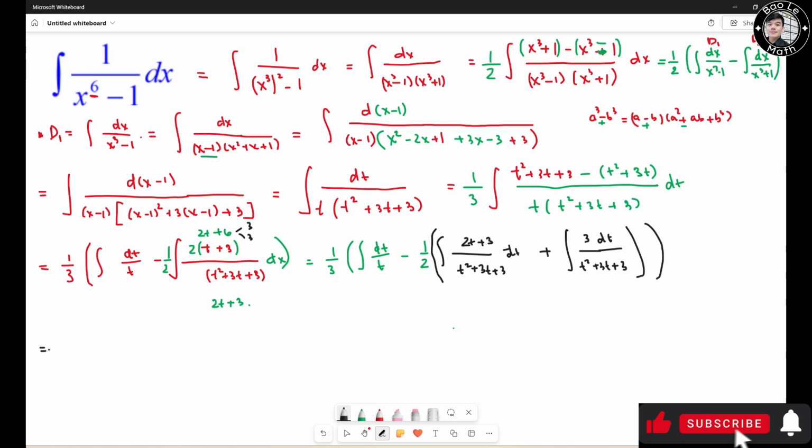Alright, so this turns out to be 1/3 of the integral of dt over t minus 1/2 the integral of 2t plus 3 over t squared plus 3t plus 3 dt. Now this one right here, I can make the bottom a complete square.